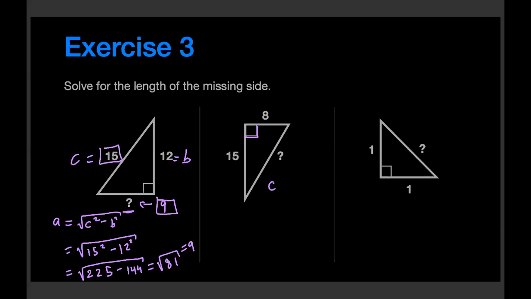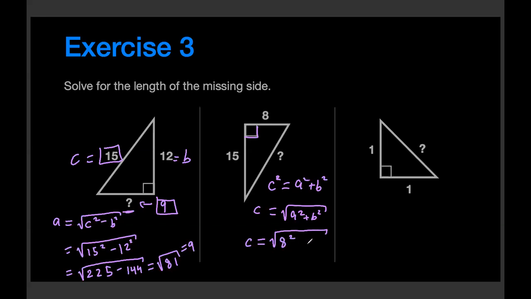So our formula is C squared equals A squared plus B squared, right? And so we want to factor in the squares and the square roots. So we have C equals the square root of A squared plus B squared. So we can plug in for A and B, right?